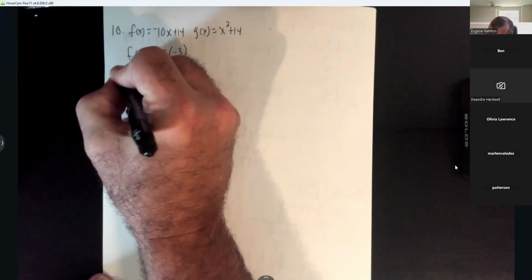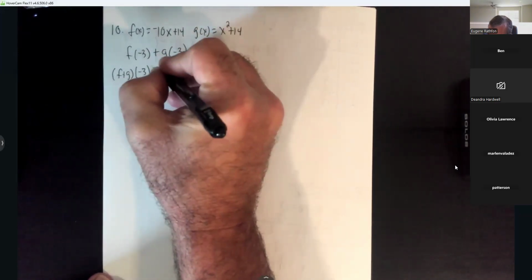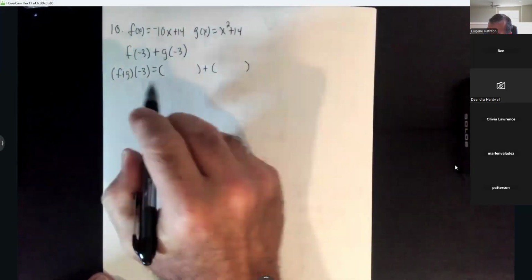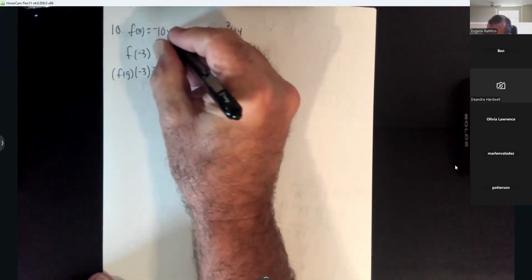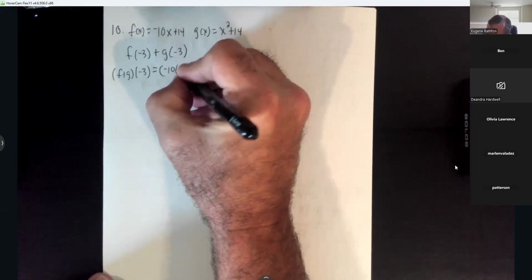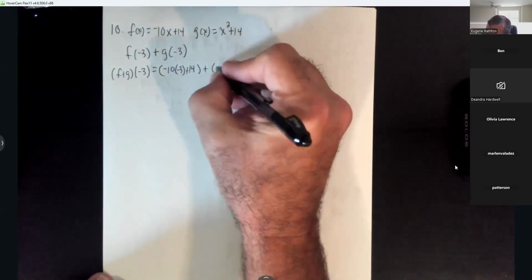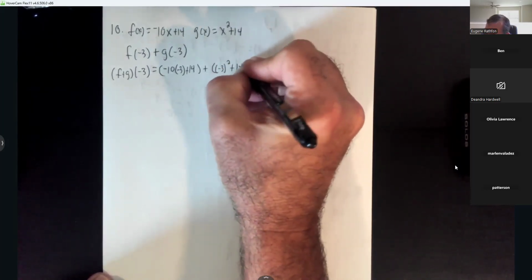So I'm finding f plus g of -3. That'll equal my f plus my g. So f will equal -10 times x, which is -3, plus 14. g will be -3 squared plus 14.